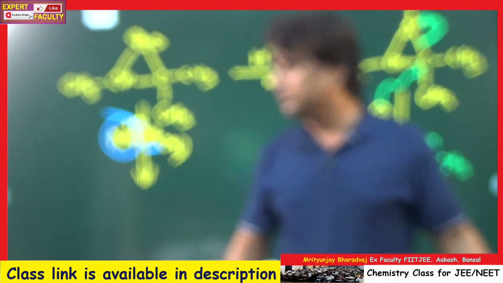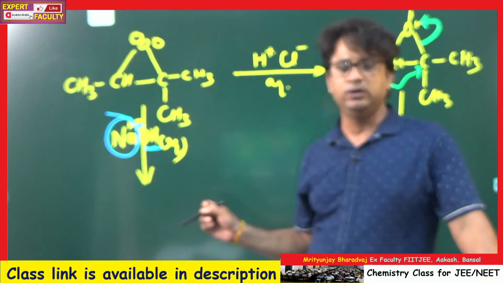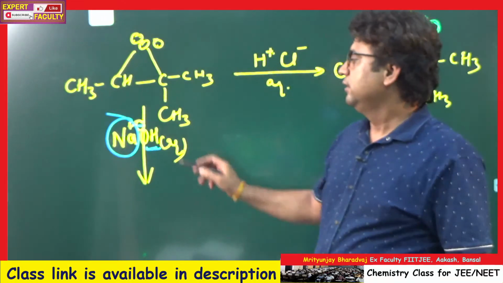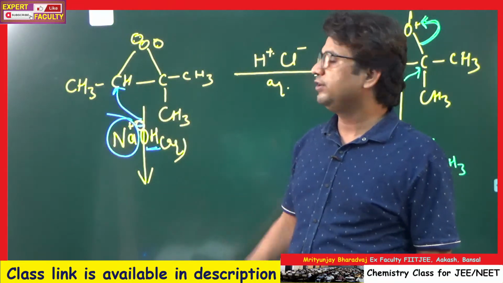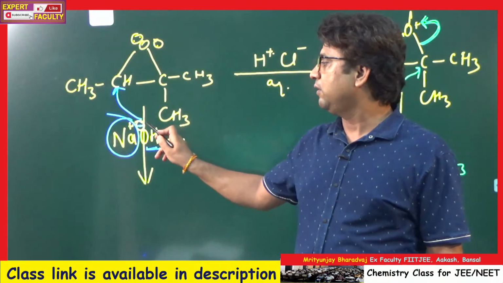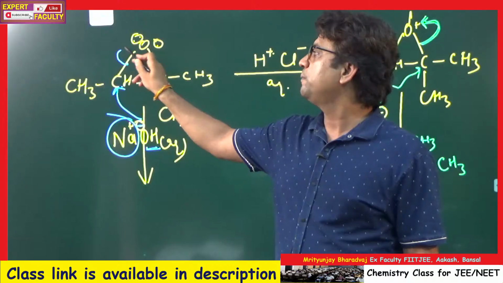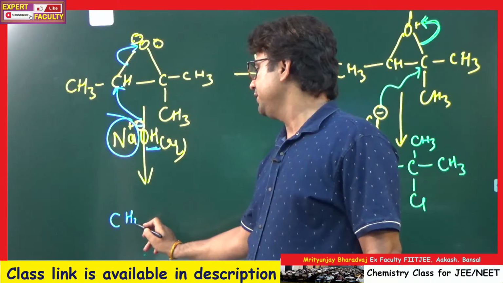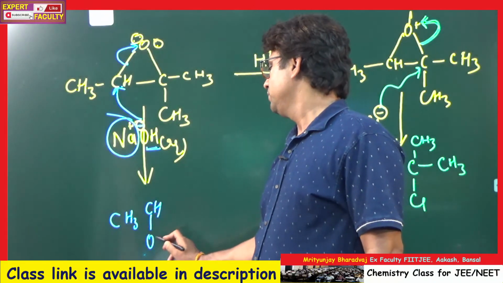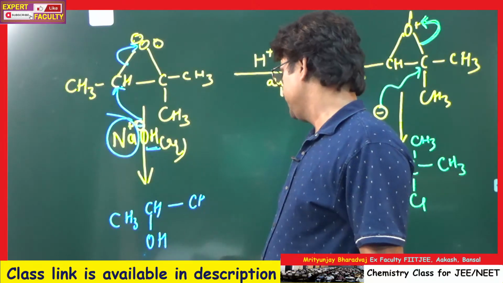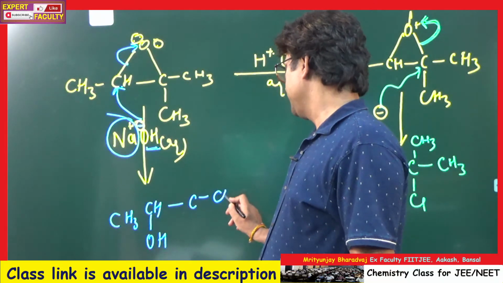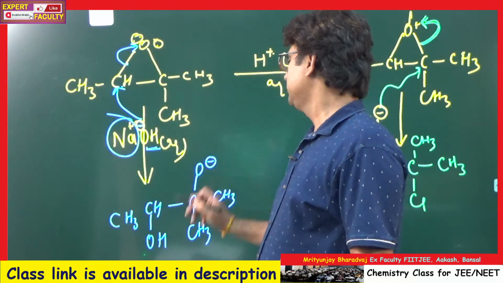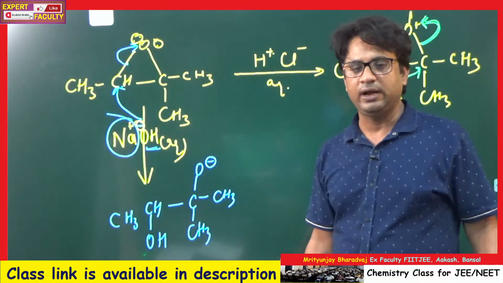So the only thing left to us is an attack of OH minus on this carbon. When the OH minus attacks this carbon, this bond pair will shift to the oxygen, and the product will be CH3 CH OH CH2 O minus.